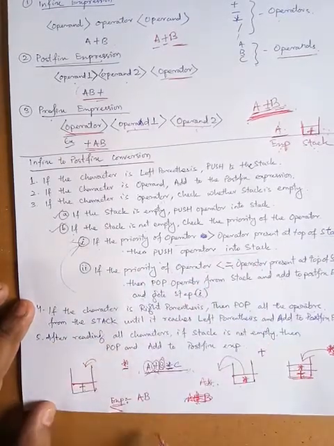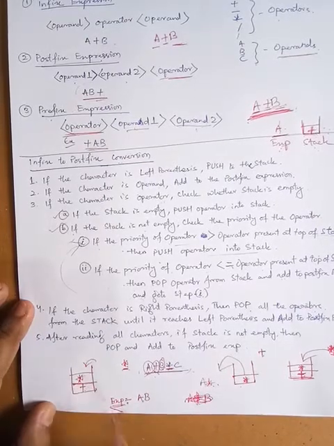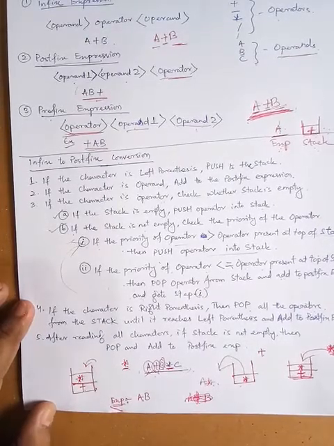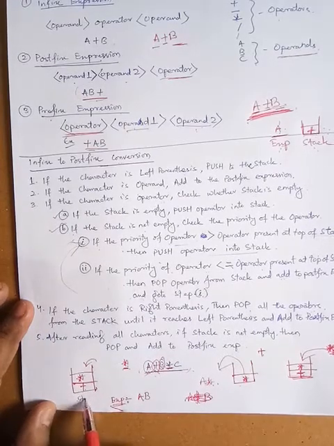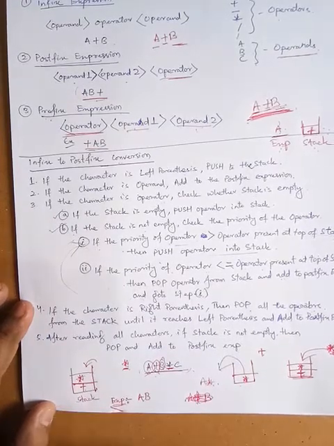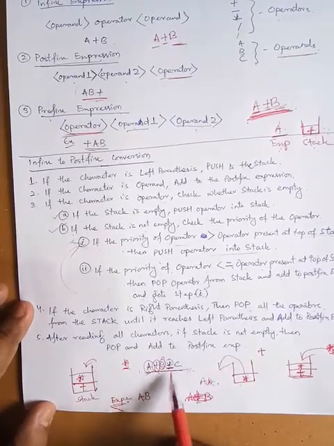Then the star will be pushed into the stack. Again I am repeating, the stack only contains the operators, not the operands. Now the star is completed.